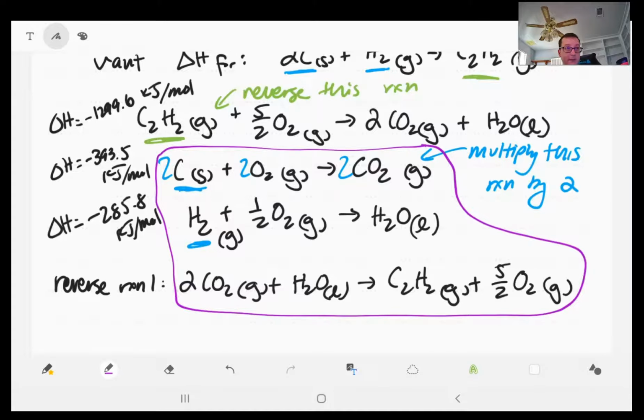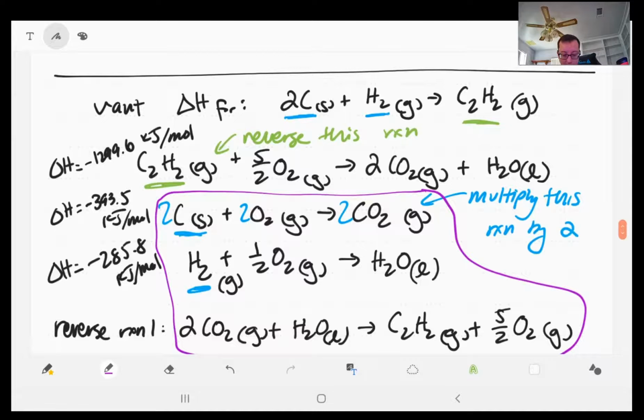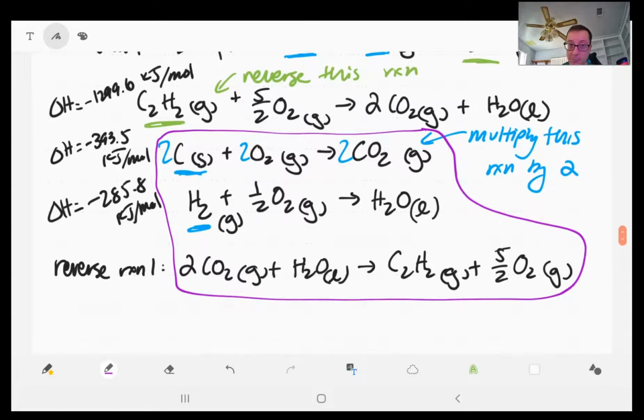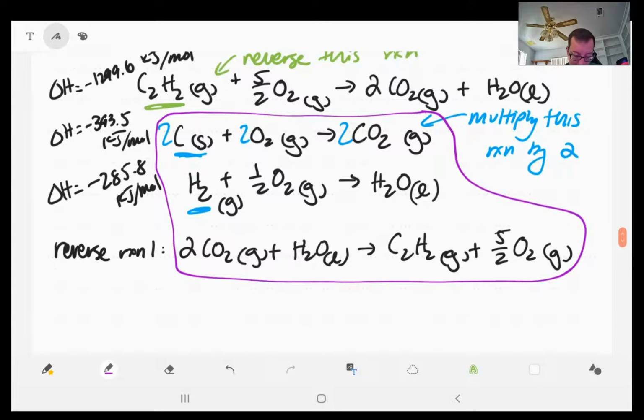All right, looks like a mess, but what we did again, we took a look at what's in our products and reactants for the reaction we want, found all those bits in our given equations, and adjusted our given equations so that we have all those components. And generally speaking, that's enough. But let's make sure. Sometimes it might not be.